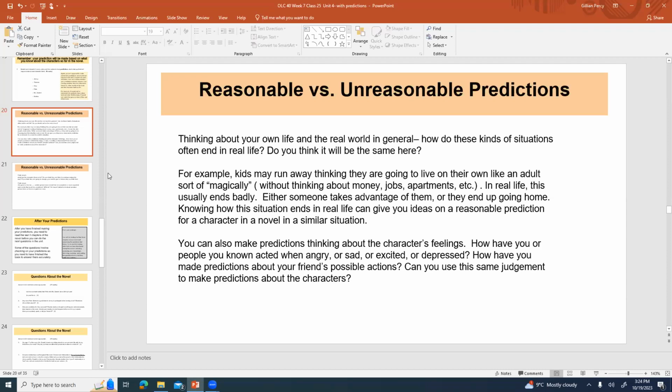Often we make personal predictions about a friend's possible actions, like, oh, they're upset, they're going to break off with their boyfriend, or, oh, they're kind of sad, I better keep an eye on them and make sure they're okay. The same kind of knowledge about emotions that you use to make predictions about your friend's actions can also be used to make predictions about the character's actions.